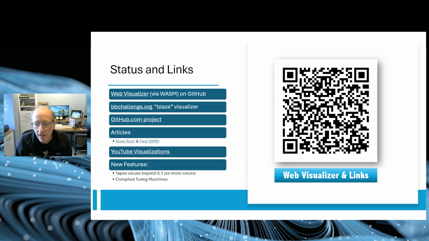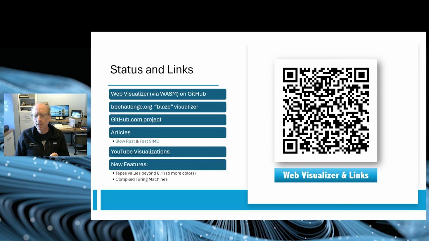I've recently added and looked at 2 new features. One, the BB Challenge org has moved from working on 5-state and 6-state machines, and now they're looking at 3-state machines, but they can write 0, 1, or 2 to the tape instead of just 0 and 1.